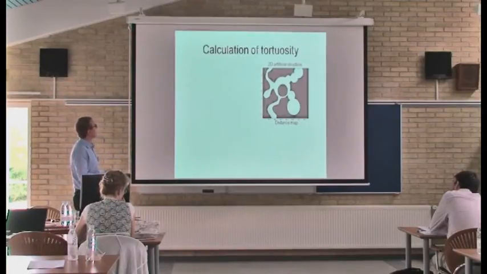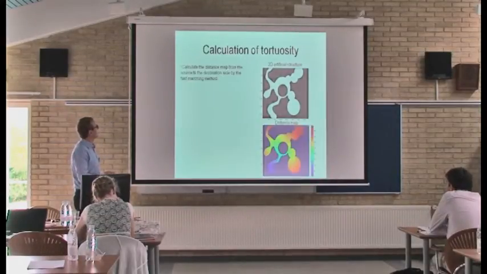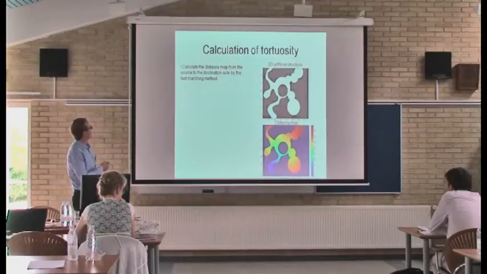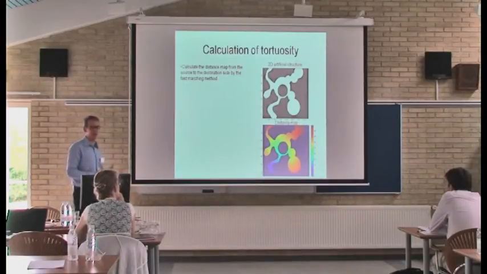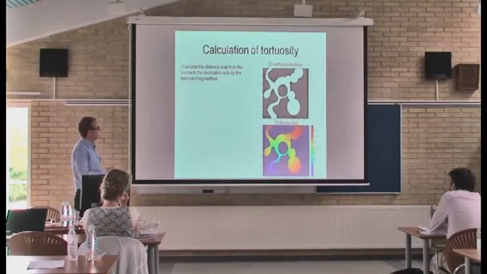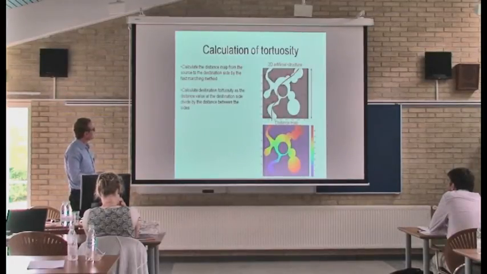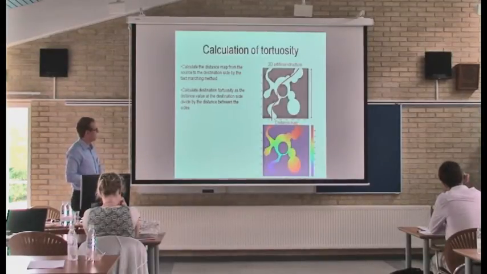So this is just an example of how to calculate a few of these measurements using the fast marching method, which is pretty much just a method of propagating distances throughout a structure. For instance, if we have an artificial structure like this, much like the one I showed you before, and we want to calculate the tortuosity between this side here and this side up here, we can use the fast marching method to propagate distances in our structure.